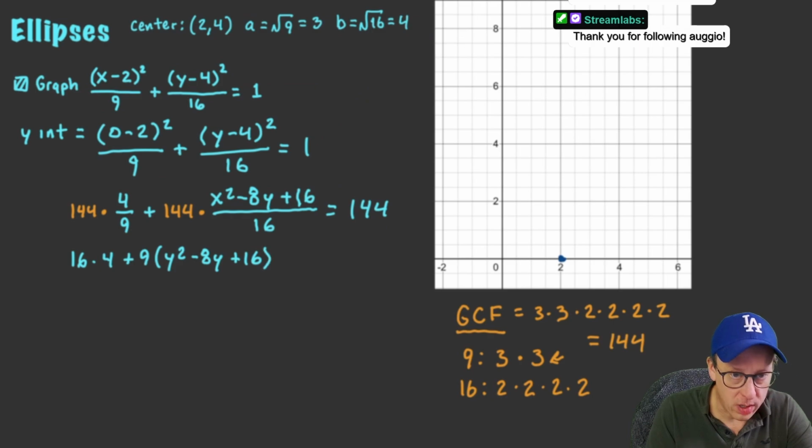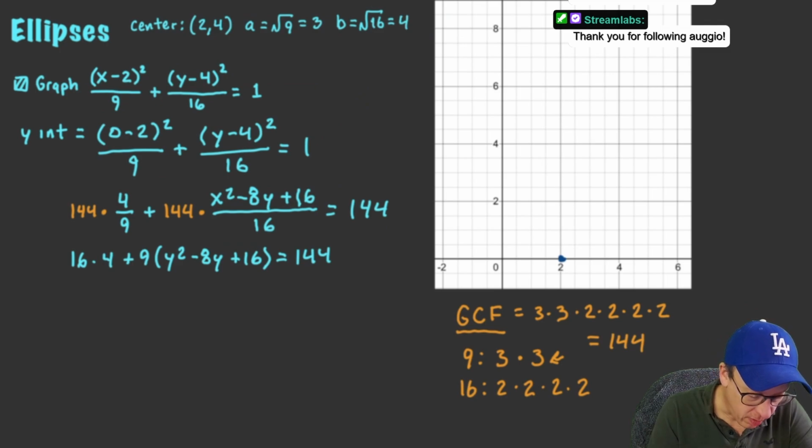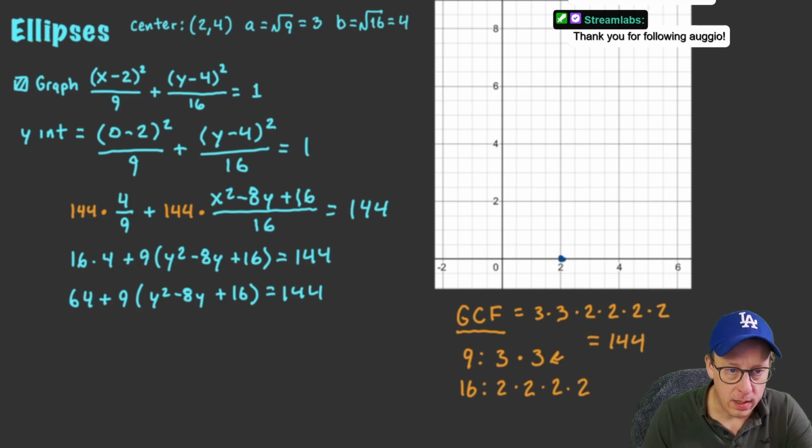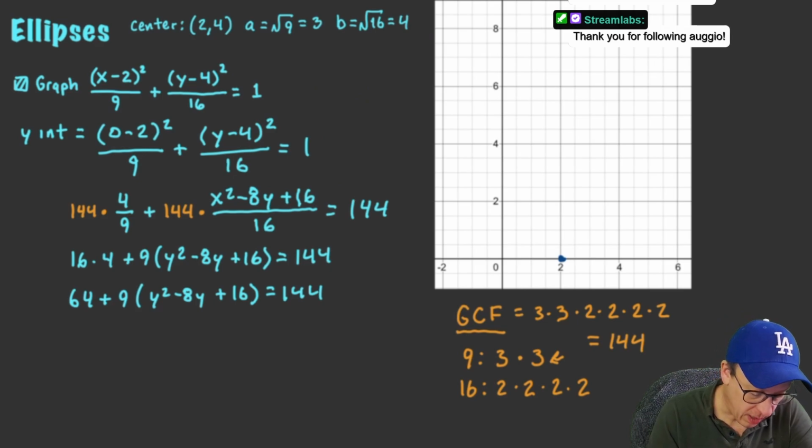I just have to make sure I don't accidentally make any typos. That's why I have to double and triple check things. And then if we multiply all these values out, we get 64 plus 9 times (y squared minus 8y plus 16) is equal to 144. And then we can go and multiply the 9 through.